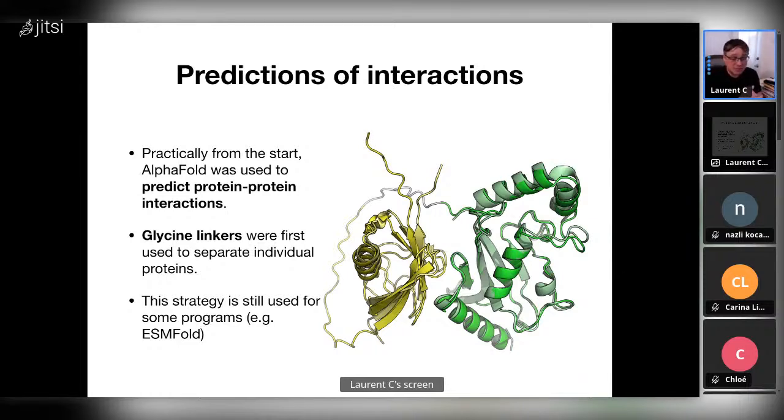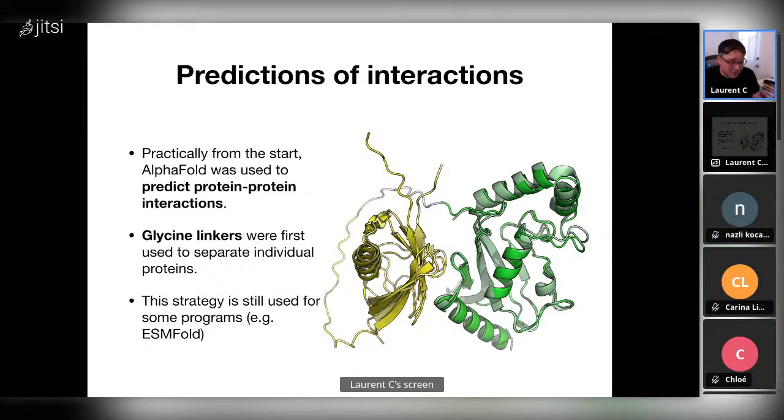But in some cases, for example ESMFold, you still don't have the capacity to input multiple protein sequences. You can still use this trick of using glycine linkers in between your proteins. And when you do this, you can see that you can generate very decent protein complexes.